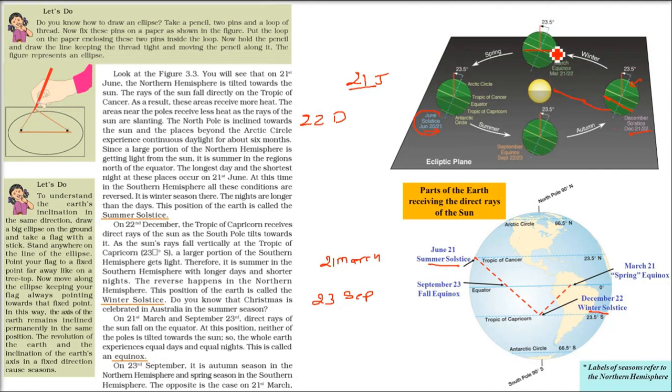At this position, neither of the poles is tilted towards the sun. So the whole earth, the complete globe, experiences equal days and equal nights. Because of this, day and night time are equal. That is why we call it the equinox.